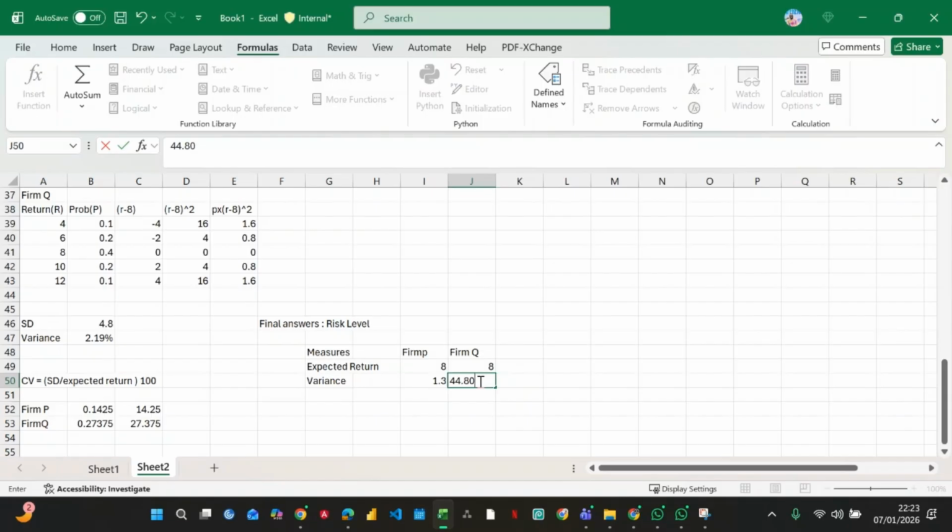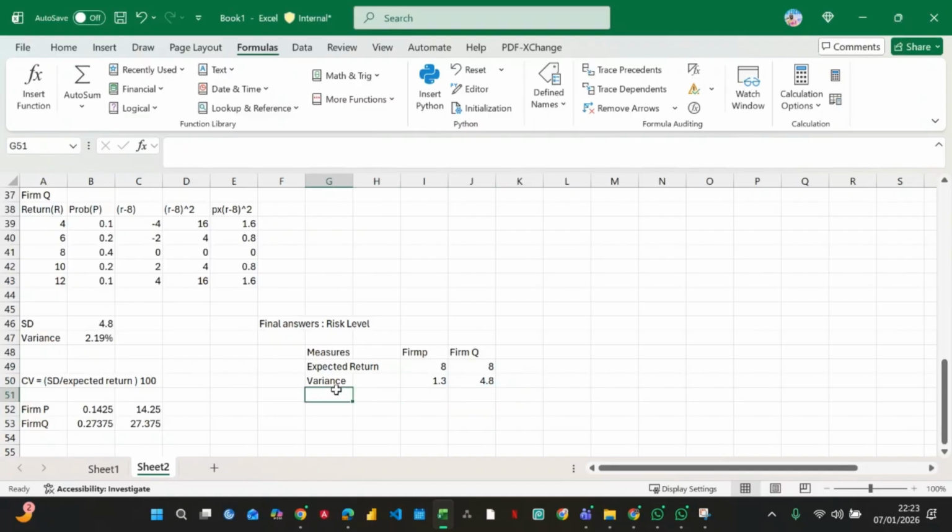So the standard deviation, SD, is the square root of the variance.